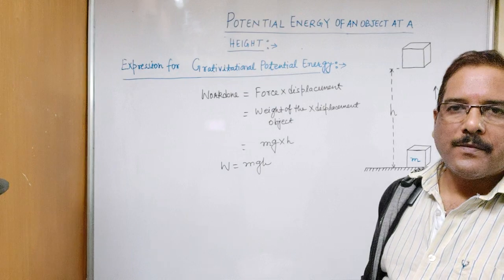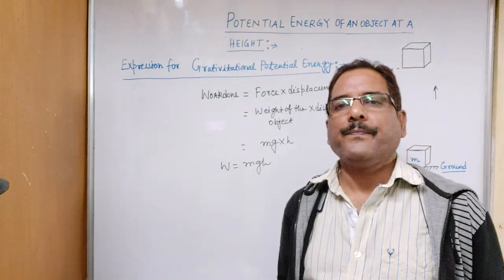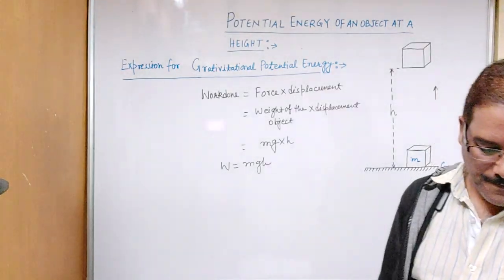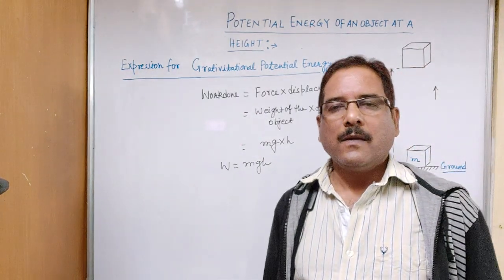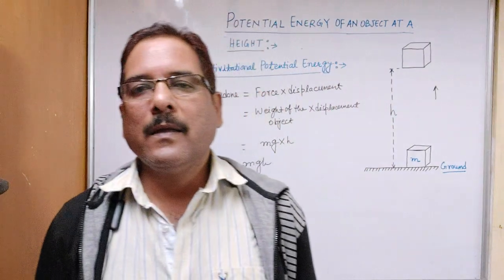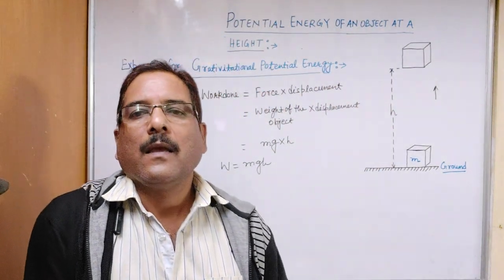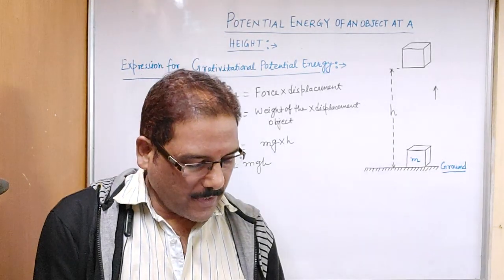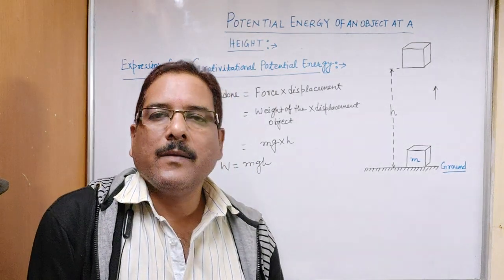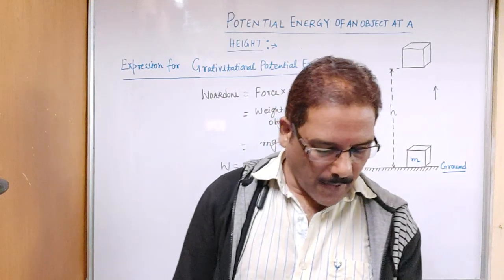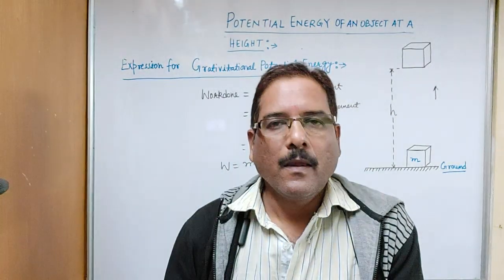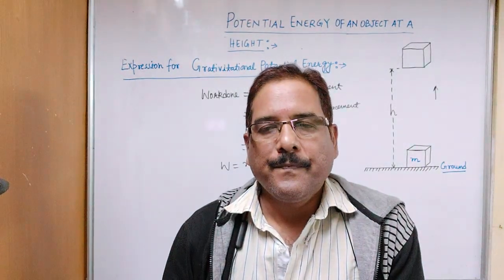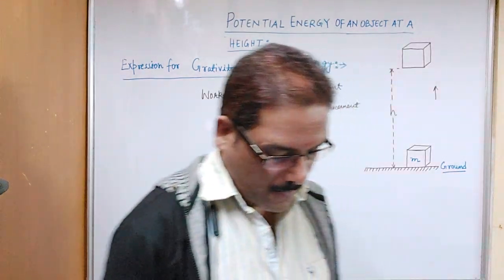Since work done on the object is equal to mgh, and energy equal to mgh units is gained by the object, this is the potential energy of the object.